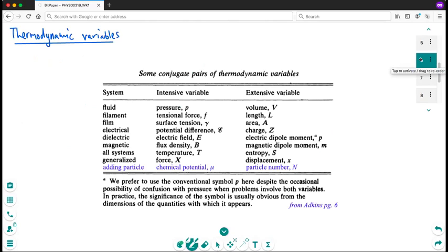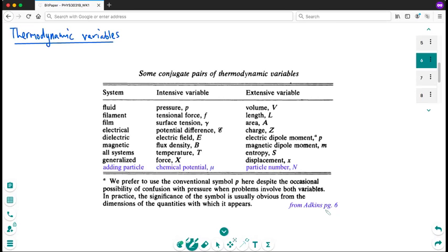Now, there are many variables in thermodynamics. So this table is very interesting, and let me spend a little bit of time on this. This is from Atkins, and you can find it in other books. When we do thermodynamics, we start from the first law.